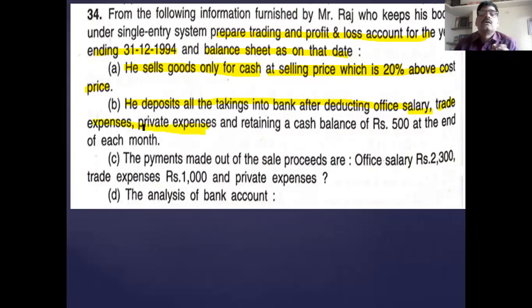Whatever cash he receives after selling the goods, all the cash is deposited in the bank after deducting these three, which are to be shown in the cash book. He deducts these three items at the end of the month and the remaining amount is deposited in the bank.